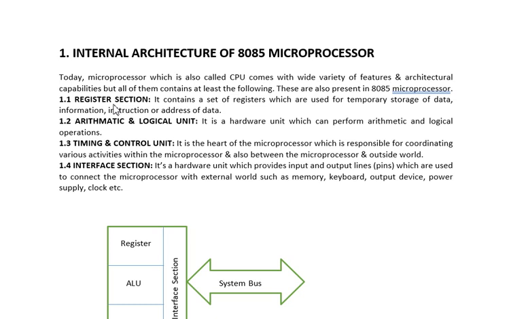it has a timing and control unit. It is the heart of the microprocessor, which is responsible for coordinating various activities within the microprocessor and also between the microprocessor and the outside world. The general idea of this timing and control unit is to enable a particular register, out of so many registers, to perform a particular operation.